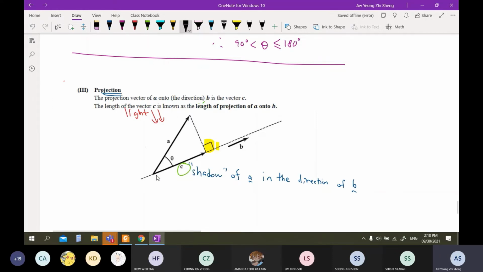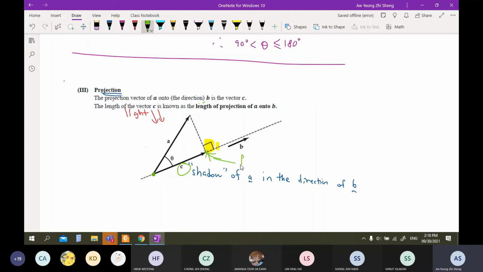And this C here, the length will be exactly from the starting point of A up until this point, which is 90 degrees coming down from the tip of A. And this point we have a name here, which we'll introduce later.